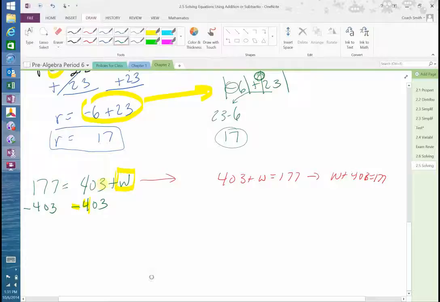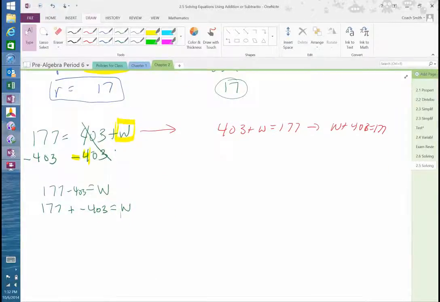Over here, adding 403 and subtracting 403 cancel each other out, leaving me with W equals 177 minus 403. Well, that's 177 plus negative 403 equal W. Okay, I'm not done yet. Because of a negative and a positive, I have to take the absolute value of those two numbers and subtract them.